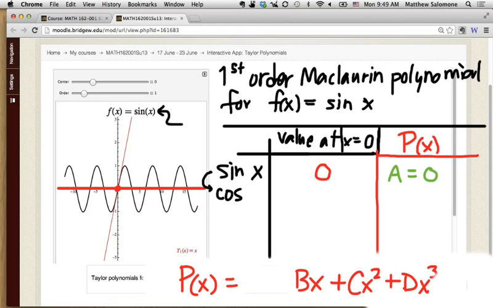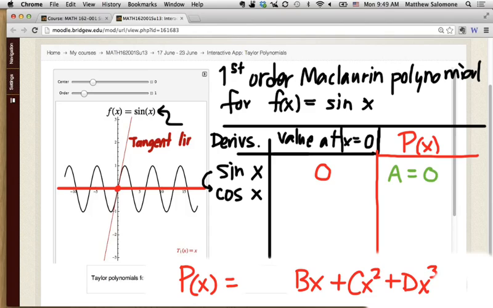And how do I find the slope of the graph of f of x equals sine x? Take the derivative, right, exactly. We're looking for the slope of a tangent line to this graph. When I construct a polynomial whose value at x equals 0 and whose slope at x equals 0 both match sine of x, what I'm really constructing is a tangent line to our graph.